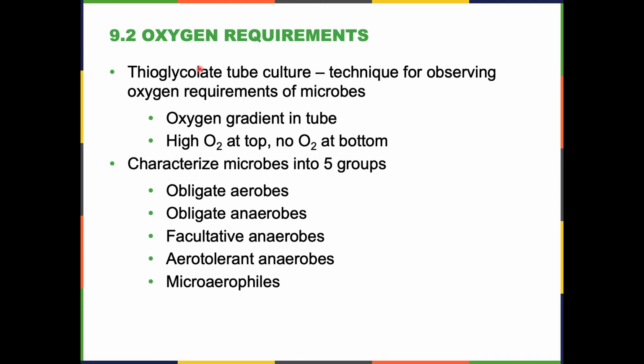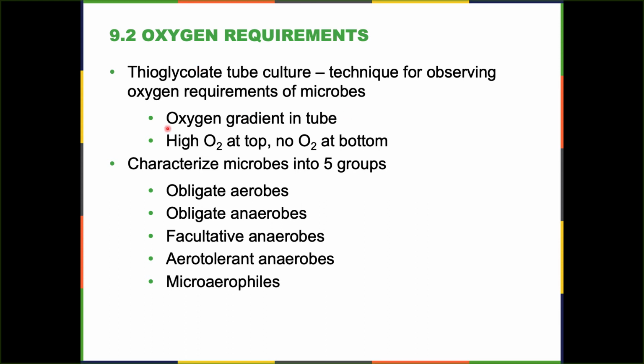So at the top of this tube, there will be high levels of oxygen as it diffuses down. And at the bottom of the tube, there will be no oxygen as the oxygen doesn't quite get to the bottom. And then based on where microbes are able to grow throughout the tube, we can categorize microbes into 5 groups: obligate aerobes, obligate anaerobes, facultative anaerobes, aerotolerant anaerobes, and microaerophiles.